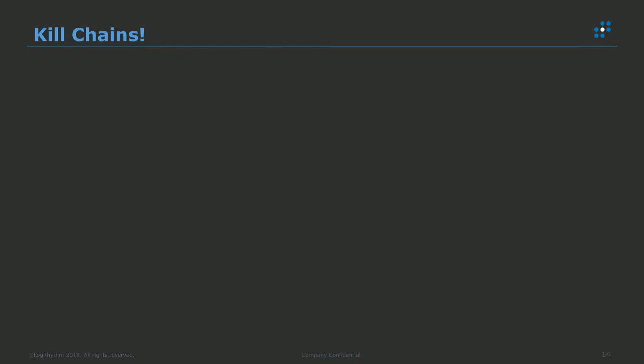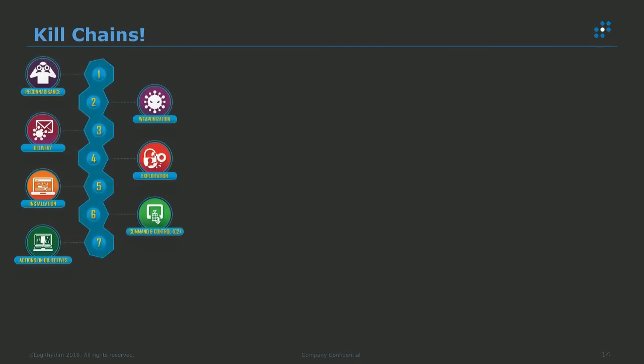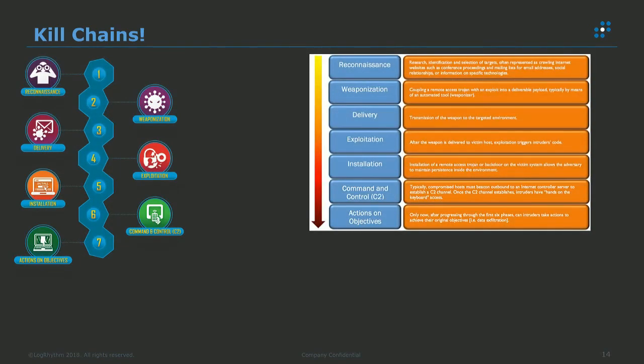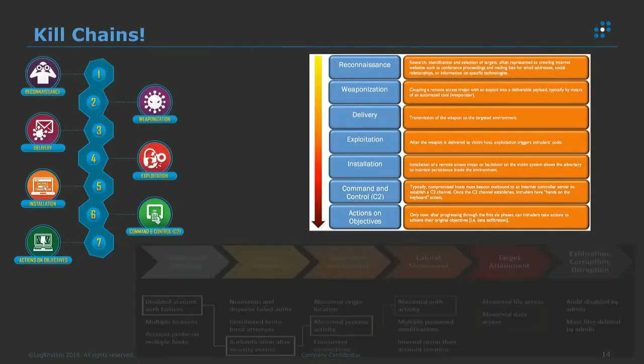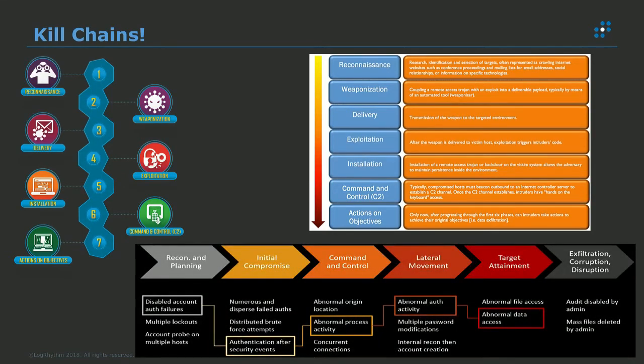So we can't have a presentation without talking about another buzzword, which is kill chains, probably way overused. But in relation to threat hunting, kill chains can actually be pretty useful because one of the common questions that we get asked is, where do I start hunting?